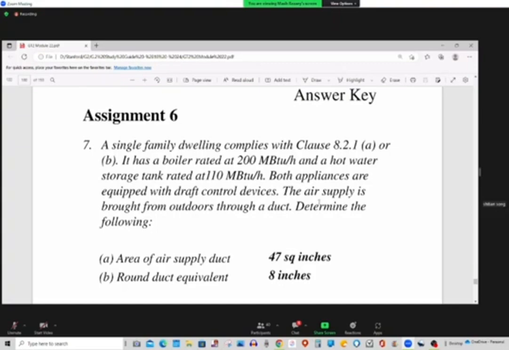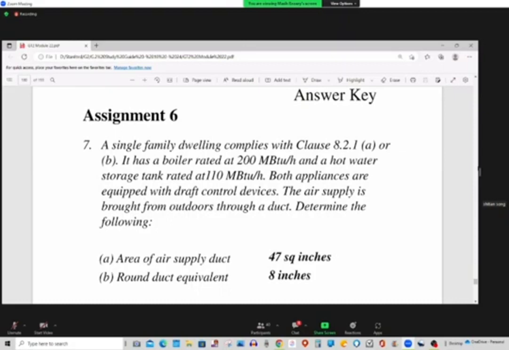Number 7, a single family dwelling complying with clause 8.2.1 A or B has a boiler rated at 200 thousand BTU and a hot water storage tank rated at 110 thousand BTU.